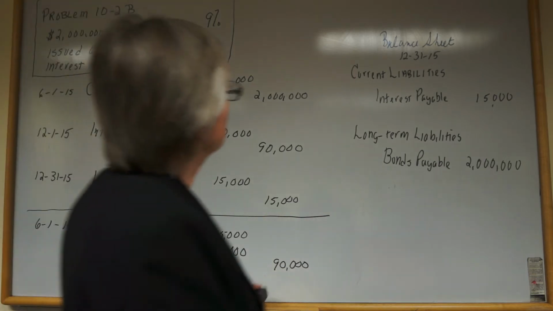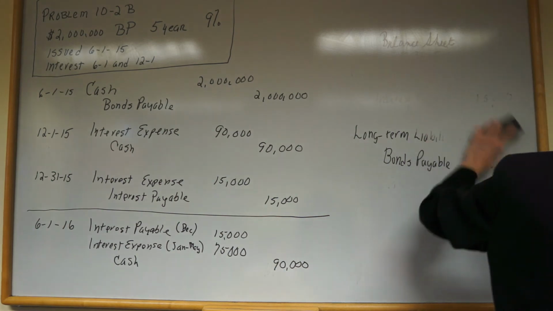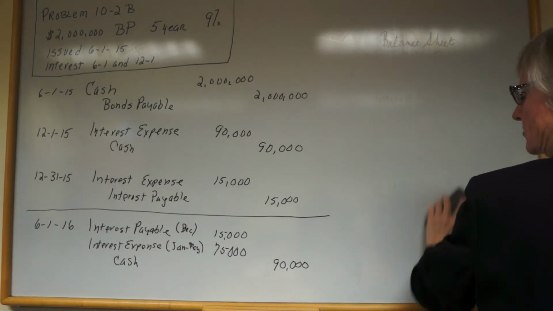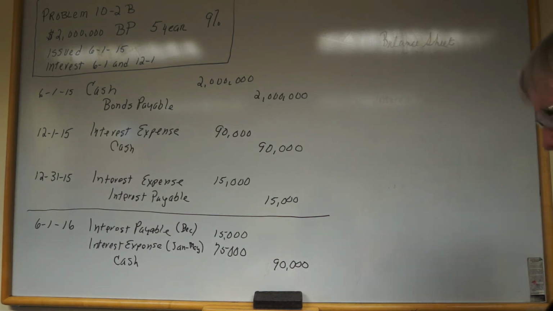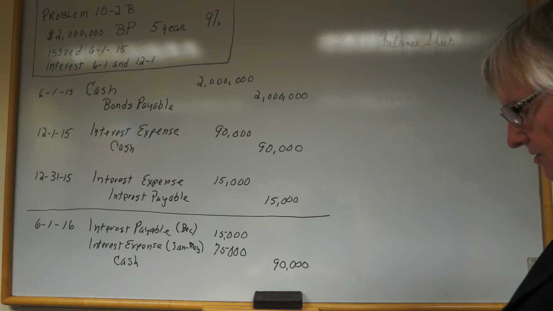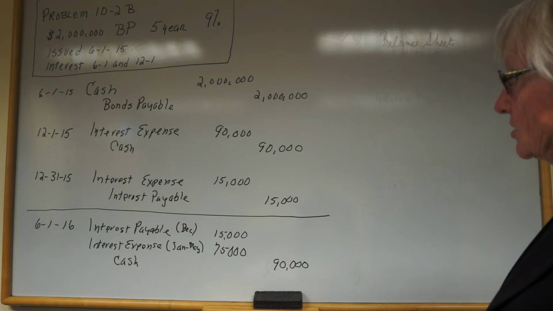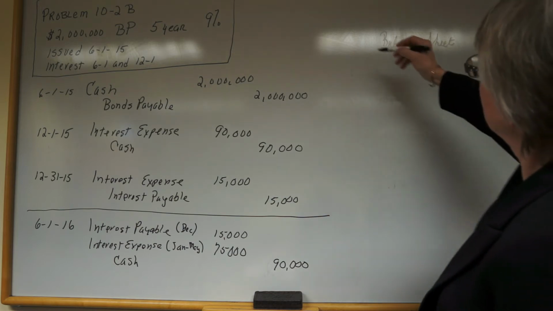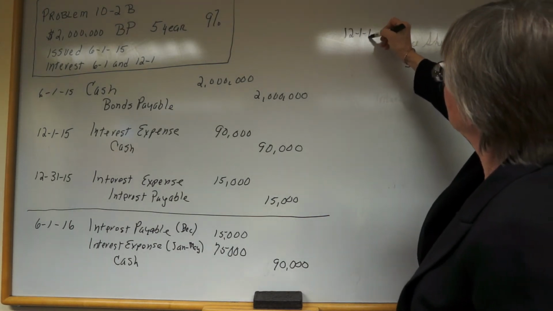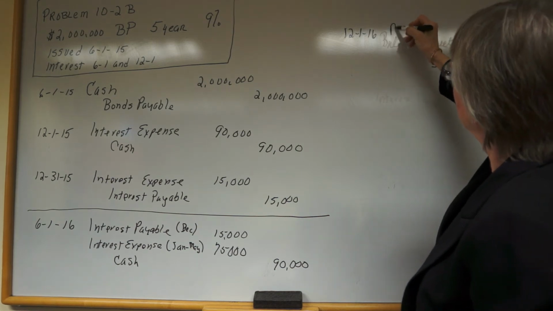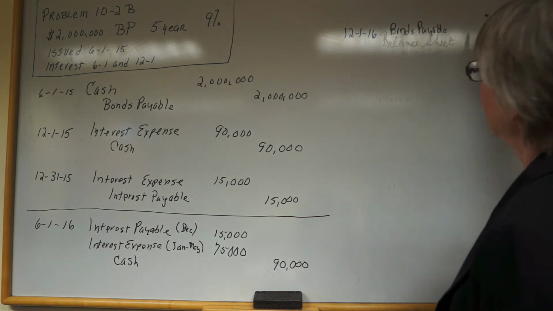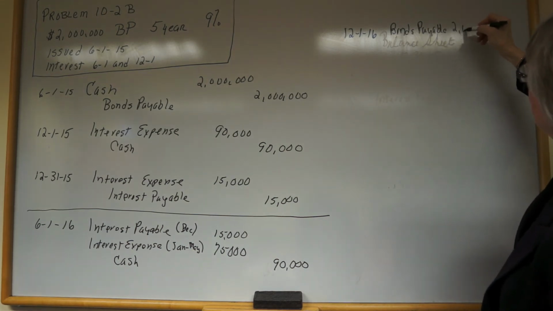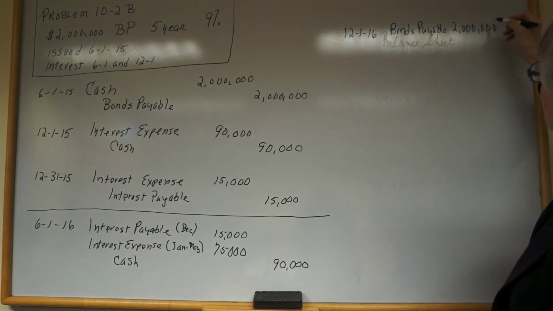Okay, so if we had redeemed the bonds on 12/1/15, and it says we redeem them at, or we call them at 102, the bonds are called at 102 on December 1st, 2016. Okay, so we would be up to 12/1/2016. We would be redeeming our bonds payable, and they come on and off the books at their face value. I haven't really left enough room here. I work so much better on Excel.